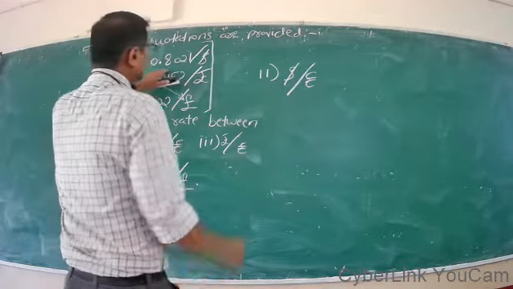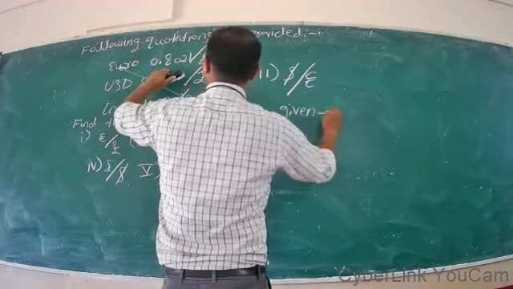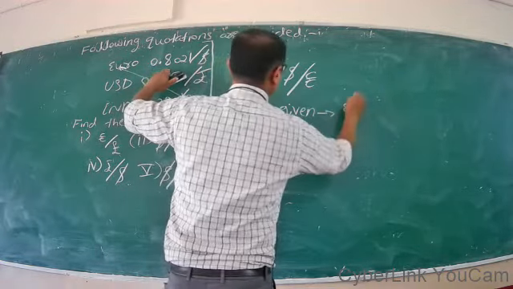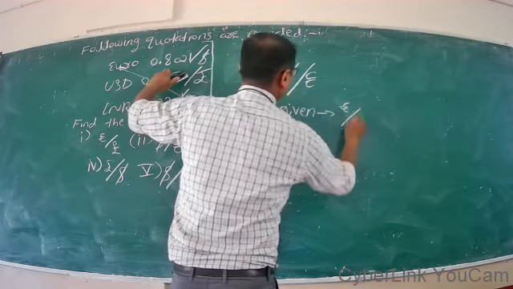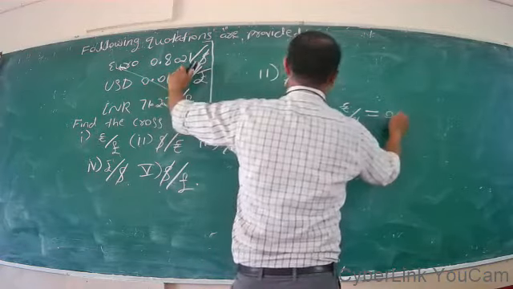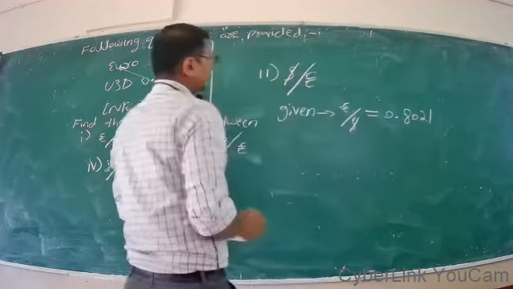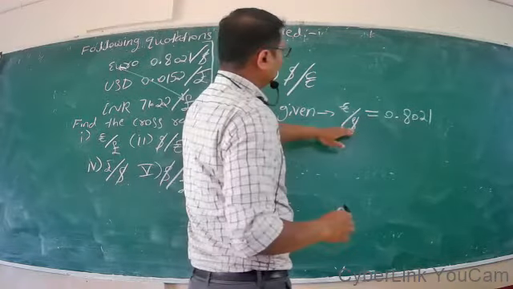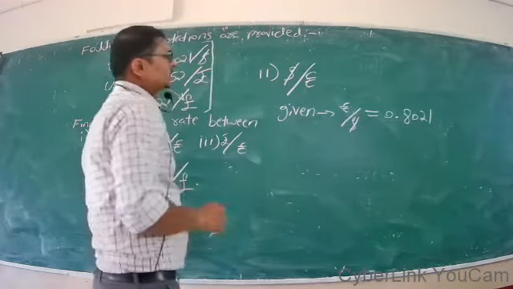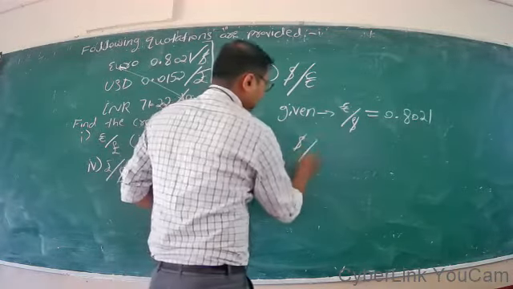Euro per dollar given in the problem is 0.8021, right? So euro per dollar is 0.8021. Now we need dollar per euro.